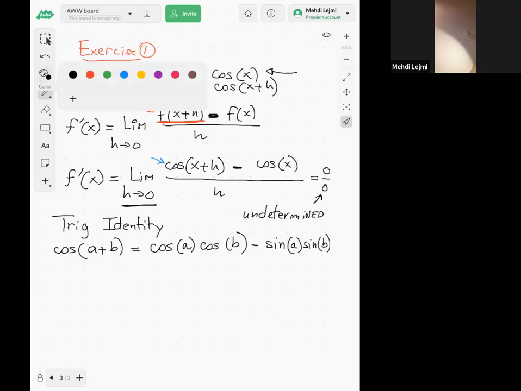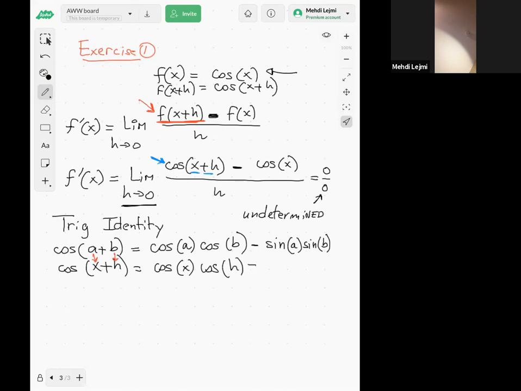We need cosine of x plus h, so my a is going to be x and my b is going to be h. That's cosine of x, cosine of h, minus sine of x, sine of h. Okay, that's my trig identity. Now let's use it. F prime of x is the limit as h goes to 0.